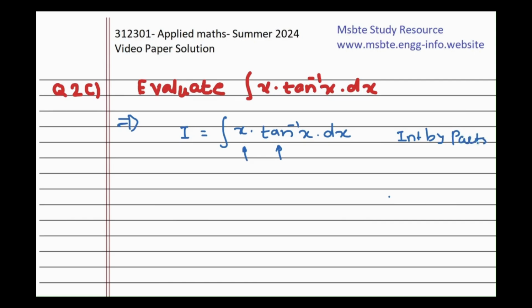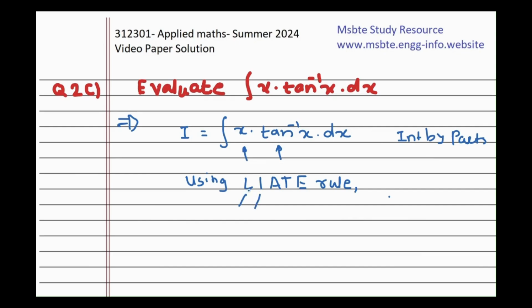Before we actually use the formula of integration by parts, we must ensure the sequence of these two functions. The rule for sequencing is the LIATE rule. This is a sequencing rule, where we have to sequence the functions as per the rule.